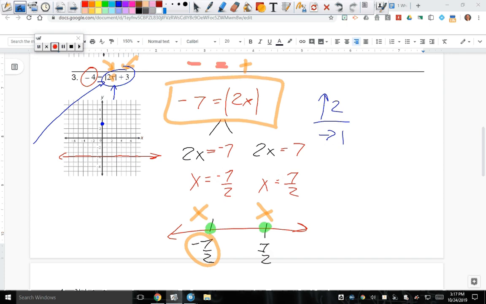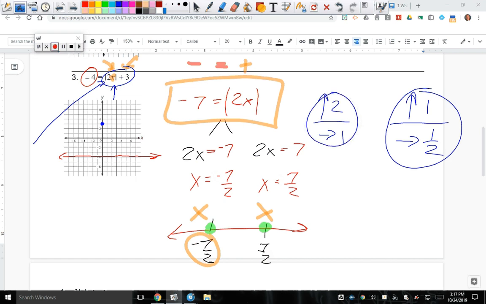That means we go up 1, but because it's horizontally compressed, how much do we go over? 1/2. What's 1 divided by 1/2? It's still 2. So it's still going to have this slope of 2. Okay? So from here, instead of going up 1 over 1, it's going to go up 2 over 1. You with me? Up 2 over 1.